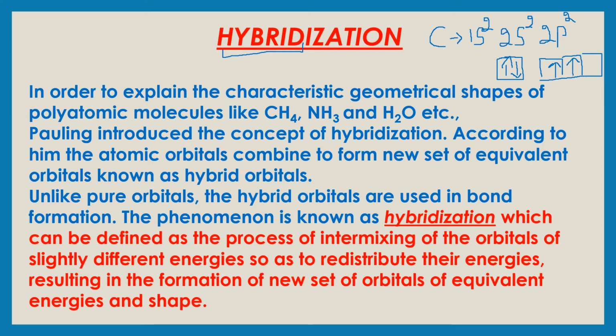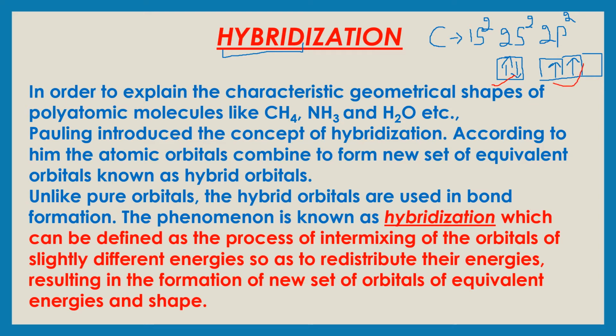Now you must have seen that carbon always makes 4 bonds. If there is one electron pair here in 2s, then how can I expect carbon to make 4 bonds, because these 2 electrons are already paired? So what happens?